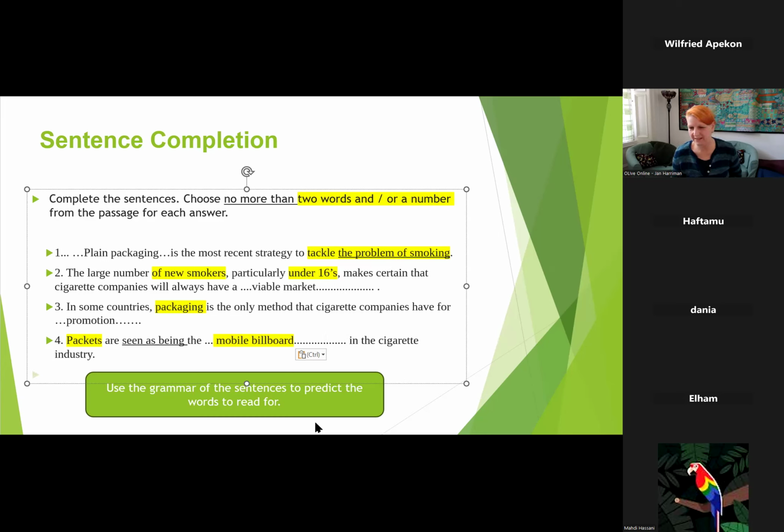You would just use one of those. All right. Okay, so either one would work. You could put silent salesman, and that would also be correct.